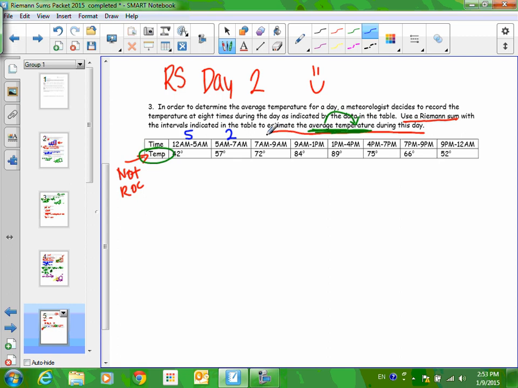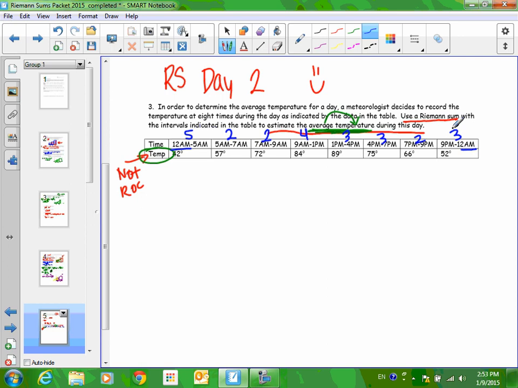I'm going to finish out the time intervals here. 7 to 9 would be 2. What would 9 a.m. to 1 p.m. be? 4, 3, 2, and 3. Since I'm going from 12 a.m. to 12 a.m., what should all those numbers add up to? 24. That would be a really easy way to check that you did that right.